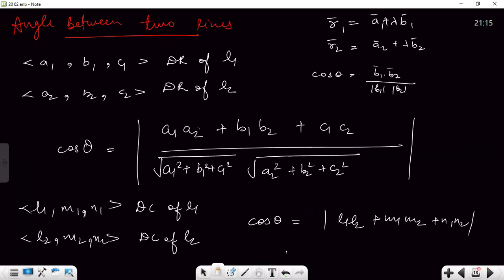We have discussed the vector form and the Cartesian form as well. Now it's time to understand the shortest distance between two lines. In a two-dimensional plane, every two straight lines have only two contingencies: either they intersect or they remain parallel.